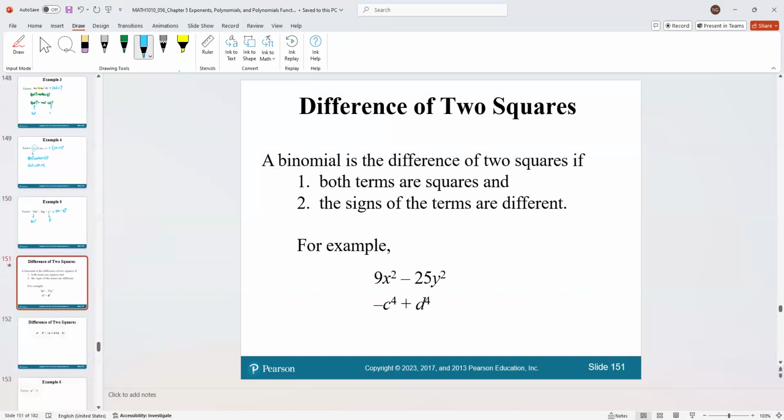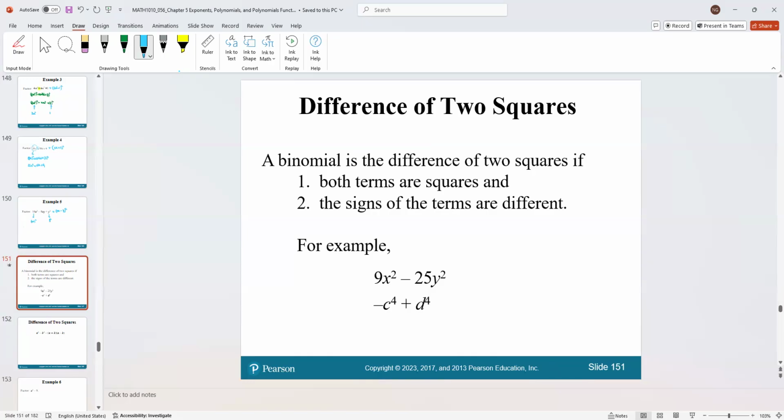All right, I think we did enough here for you to get it, but how about factoring the difference of two squares? So how are we going to proceed to factor the difference of two squares? We now factor special types of binomials, beginning with the difference of two squares.